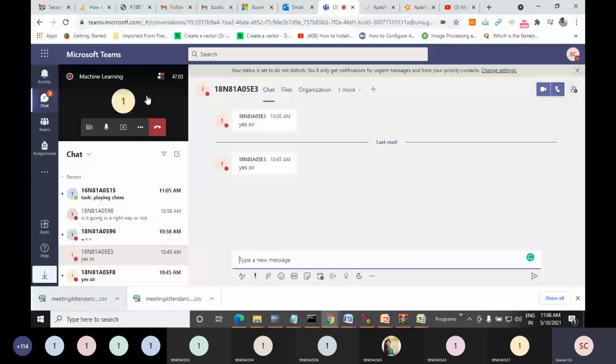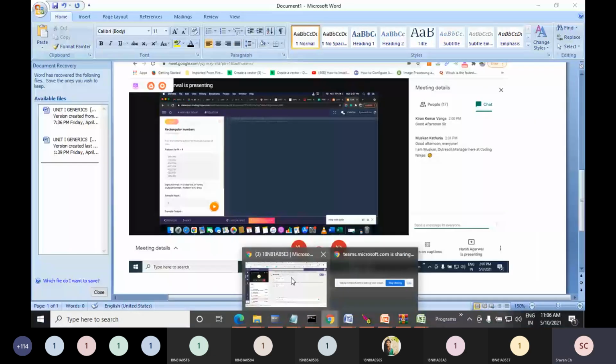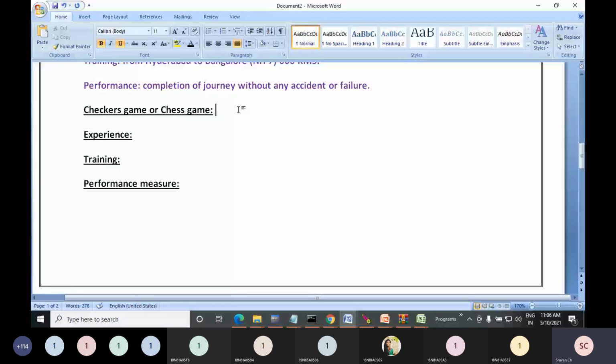That's the reason we are not writing anything about the task. How to move objects is training. Yes, that's true. So the task we know very well. I am not worried about the task.